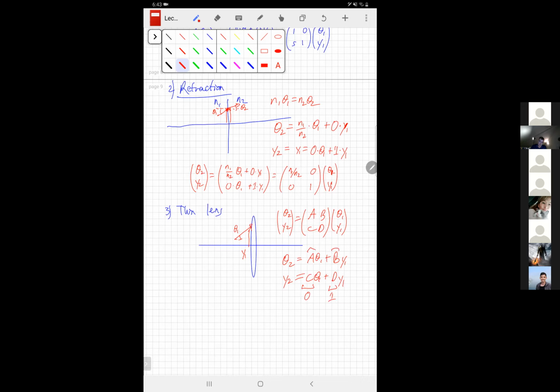You could think of A as saying, if we had a case where y was 0, then theta 2 cannot possibly depend on y1.